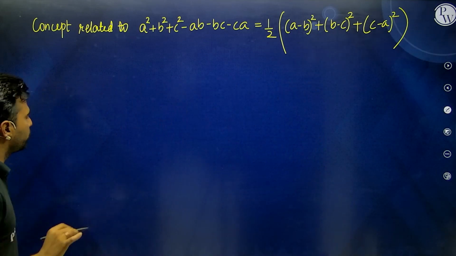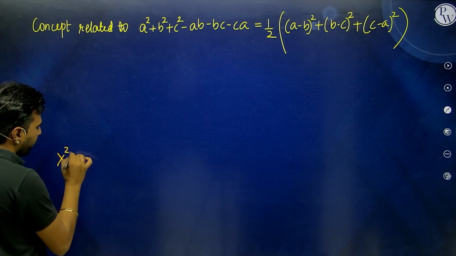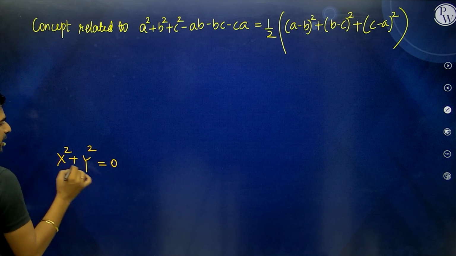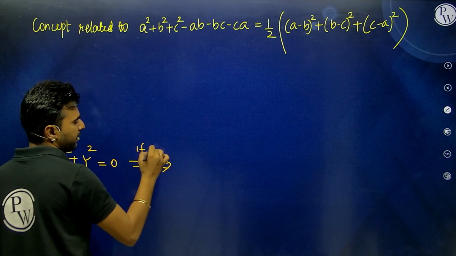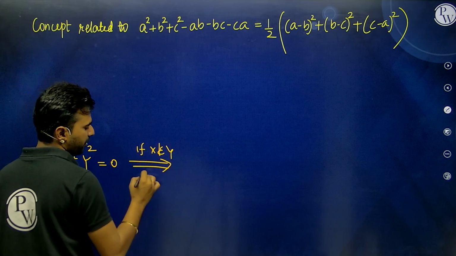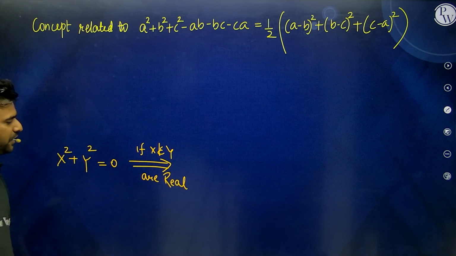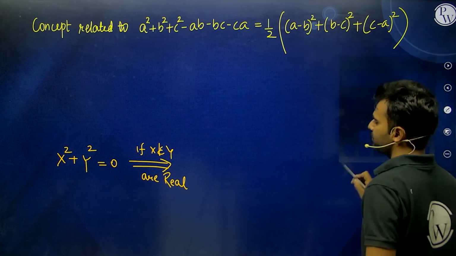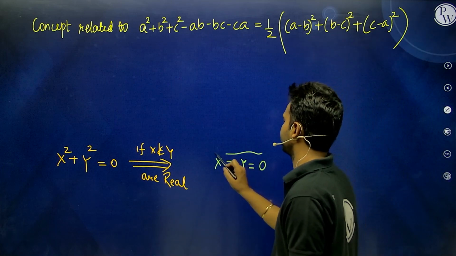Okay, let's learn concepts related to this. In mathematics, you must remember, whenever I am dealing with real numbers, if x square plus y square is equal to 0, where x and y are real numbers, then x and y both have to be equal to 0.